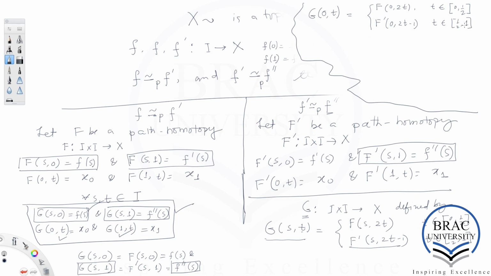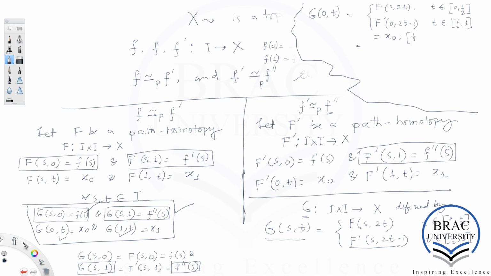This follows from the definition of G. And this is nothing but equal to x0. Why?